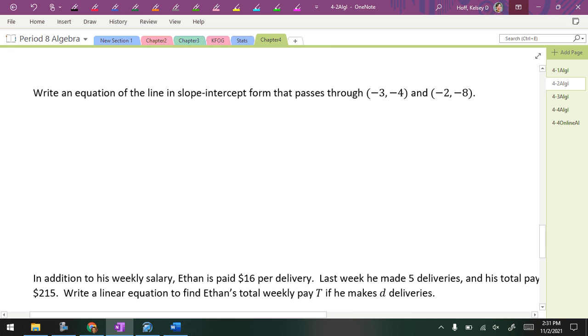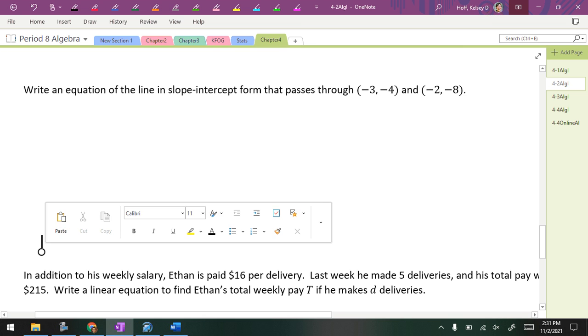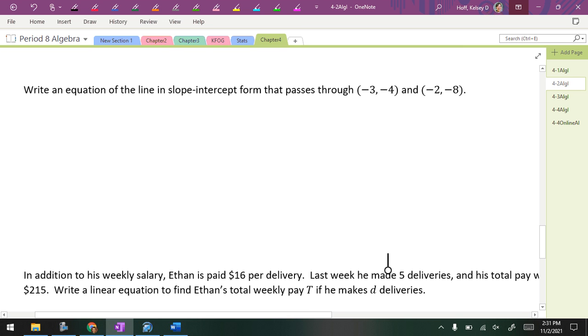Middle. Yes. Okay? Write an equation in slope-intercept form that passes through (-3, -4) and (-2, -8). Step 1. On your own, find your slope. Check in with me in just a minute. Find your slope.